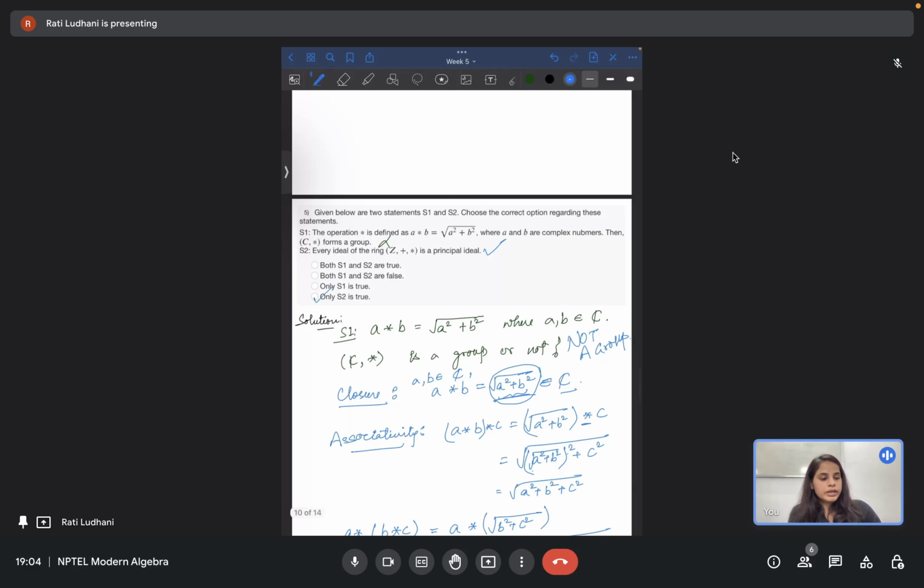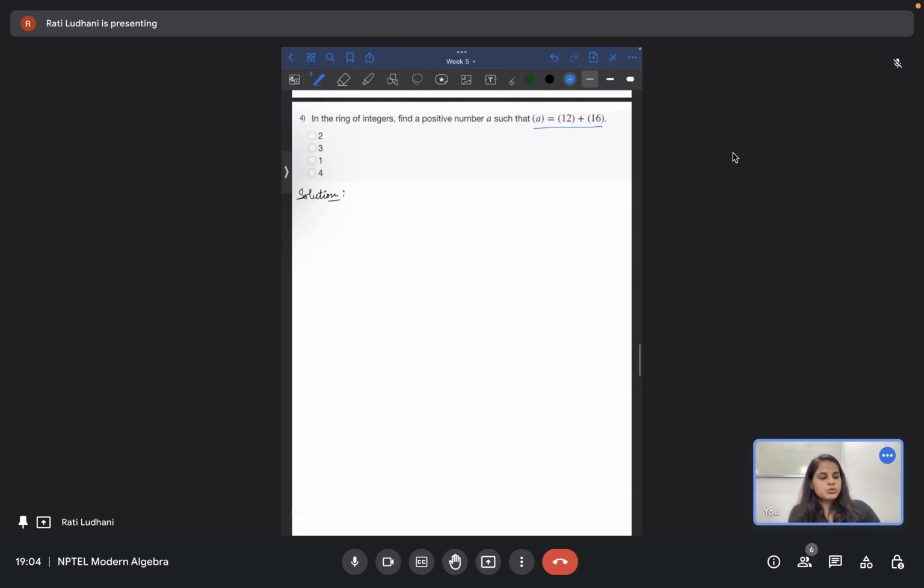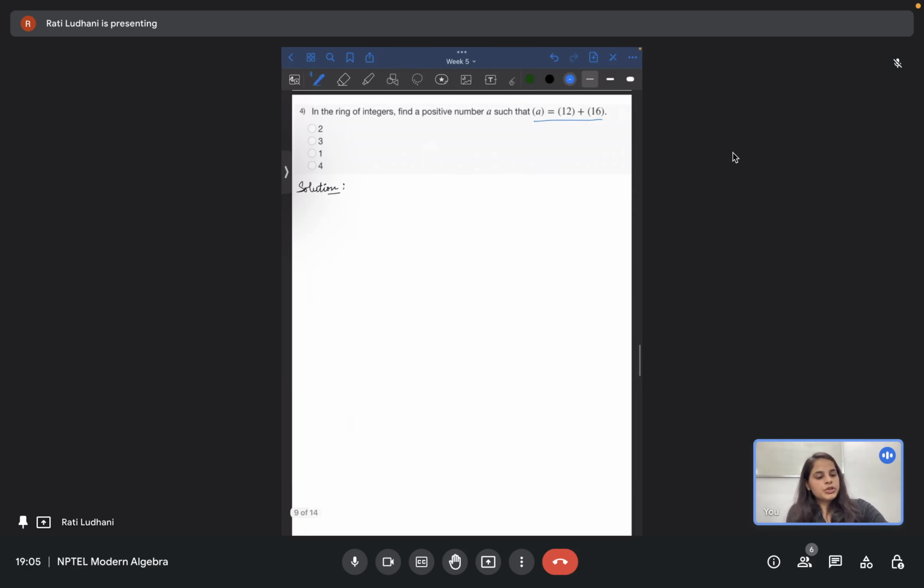Okay, now I can come to this question. So you are in the ring of integers, and all the ideals are generated by a single element. You have the ideal 12 plus 16. This is an ideal, generated by element 12 and element 16.